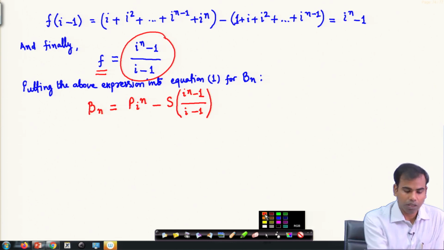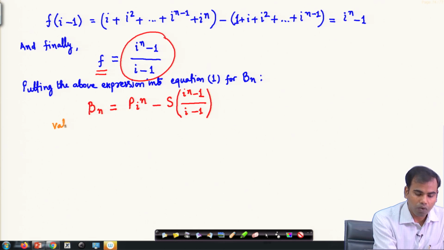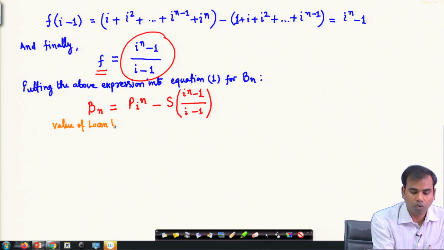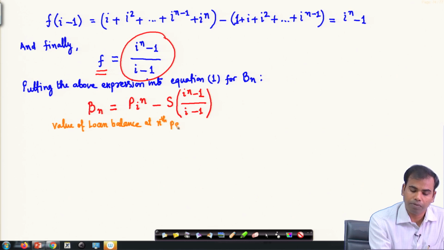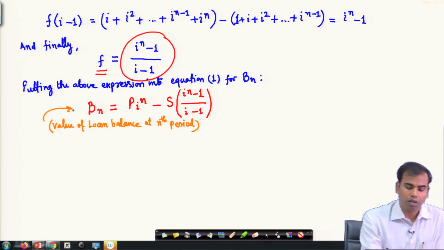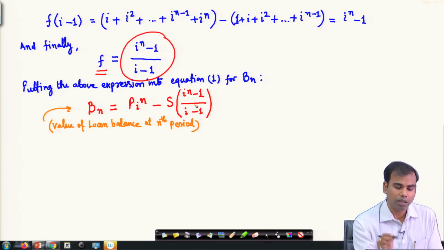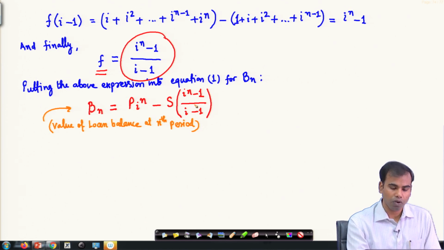If we try to write it here, the value of loan balance at the nth period is given as principal, interest and the payment as a function of all I's.